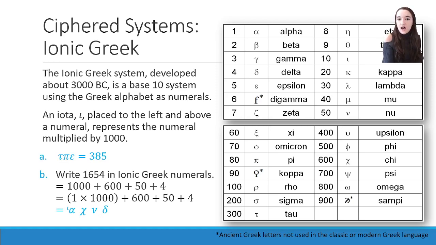So you can see how doing this system requires knowing a lot of symbols. There's a lot going on in this system, which is again why we've moved away from it for the systems that we use today, or at least the system that we personally use.